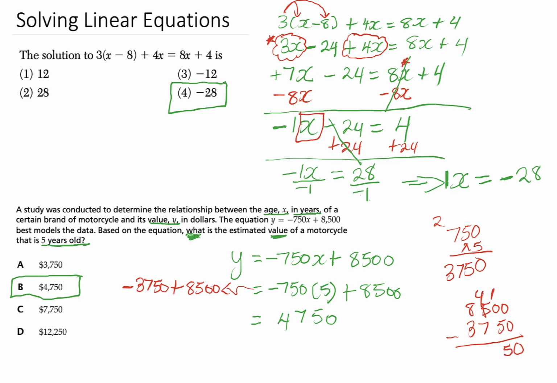Okay, can't take 7 from 4, so I'm going to borrow. 7 from 14 is 7. 3 from 7 is 4. And notice I get the 4,750. And then remember, because the signs are different, we subtracted, but who's the bigger number? The 8,500. So your answer will be positive.